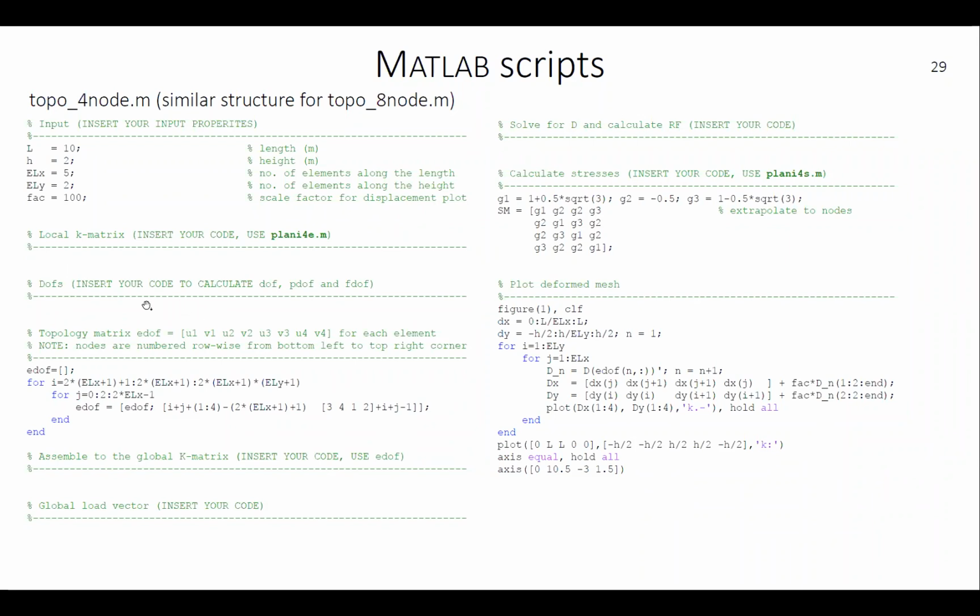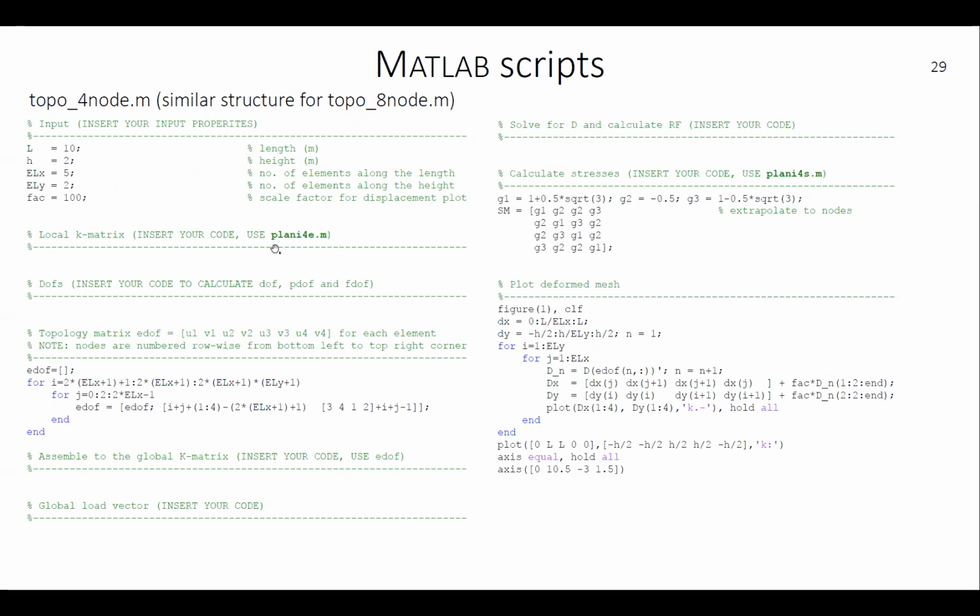So here is the code related to the degrees of freedom, fixed degrees of freedom, and so on, for when you apply your boundary conditions. And this generates the EDOF matrix, which is the element topology, using this relatively compact code for the number of elements.